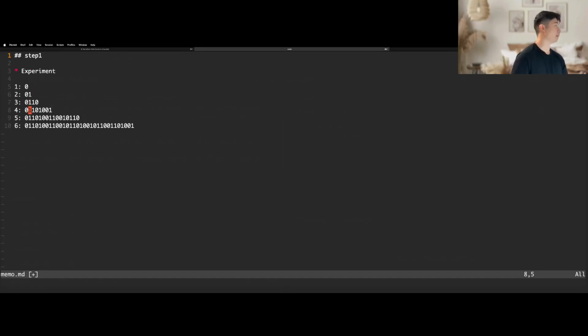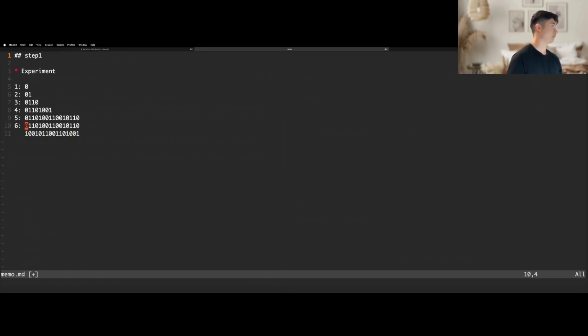And if you keep looking at it, you will realize that the second half is a flipped over version of the former half, as you can see here.